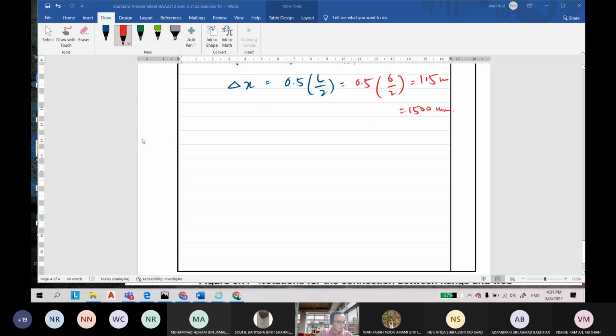Next, the change in moment over distance delta x from zero moment.